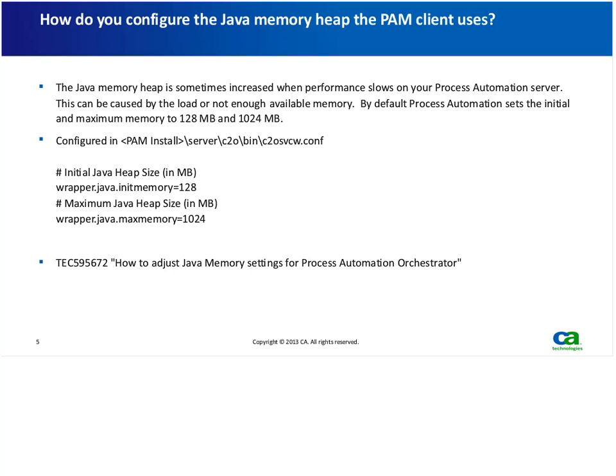This technical document goes over how to change that, and it's simply editing the c20svcw.conf file that you'll see in this directory. Now, if you're using a 32-bit JDK, the maximum is 1536.